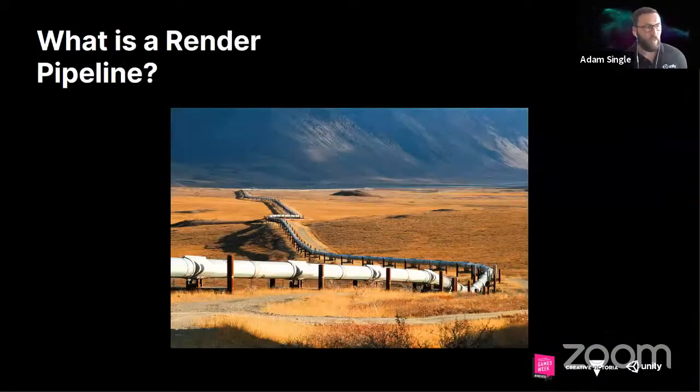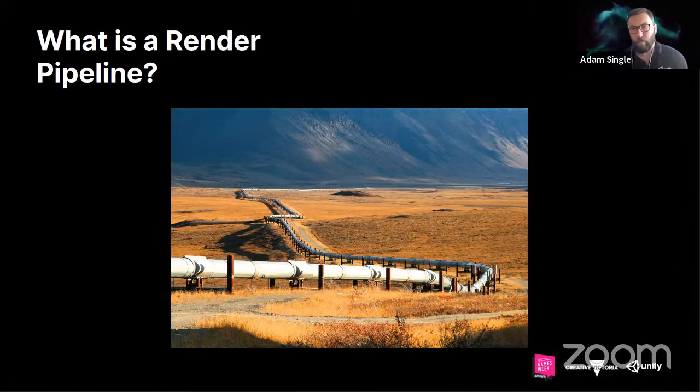So I'm going to go through these slides pretty quickly because I want to make sure we have enough time to cover everything else. I couldn't find an image of a render pipeline that wasn't more complicated than I wanted. So here's an image of a gas pipeline instead, just to set the vibe. Before we can talk about high definition render pipeline, we need to address what a render pipeline is, and from there, what a scriptable one is.